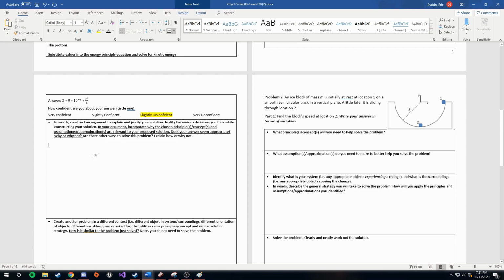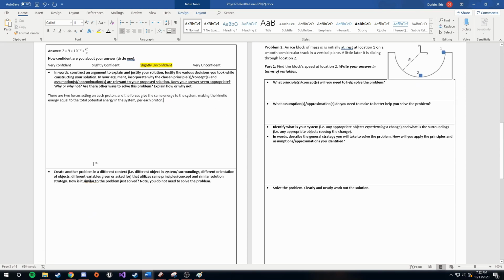Okay, justify the solution. Create another problem. You have 4 protons in a square.